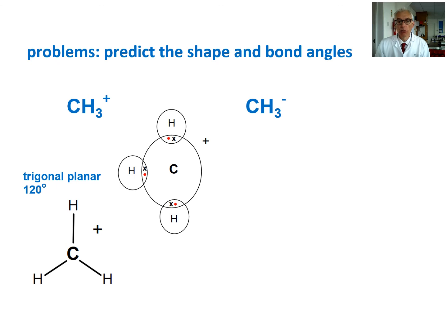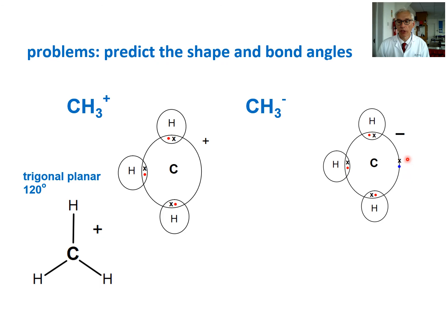Okay, so if you haven't already done so, move on to CH3 minus. Pause and see if you can come up with the correct molecular shape and bond angle. Okay, so CH3 minus, we need the dot and cross diagram. So here, carbon again, we've got 1, 2, 3 bond pairs between carbon and hydrogen.